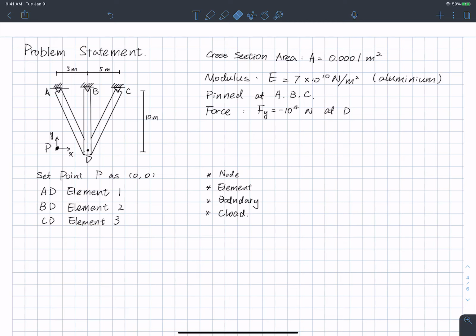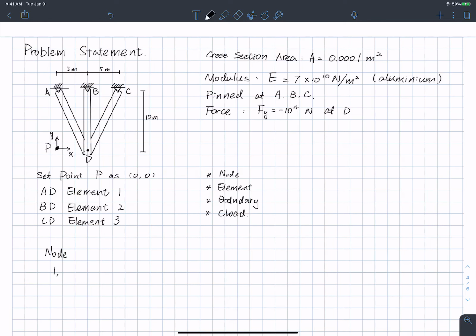Okay, hopefully you already have your own idea how you're going to rewrite it, so now I'm going to show you where you're going to change your input file. First, for the nodes, we're going in the order of A, B, C, and D. Remember, because this is a 2D system, the first entry is the number of the node.